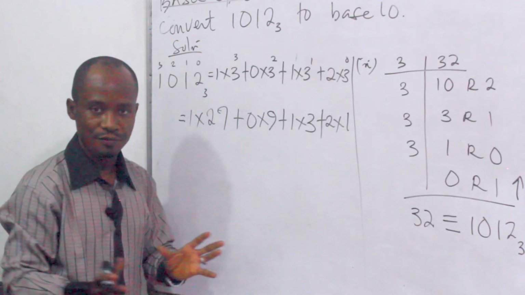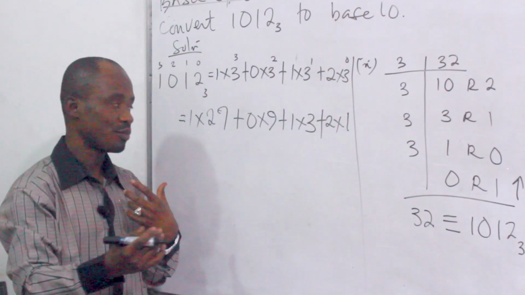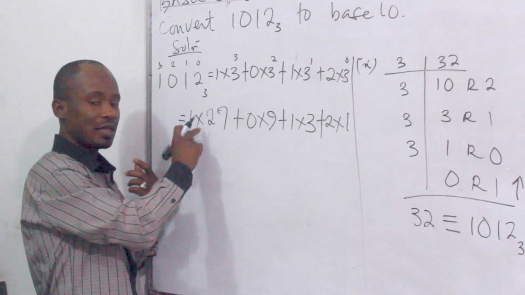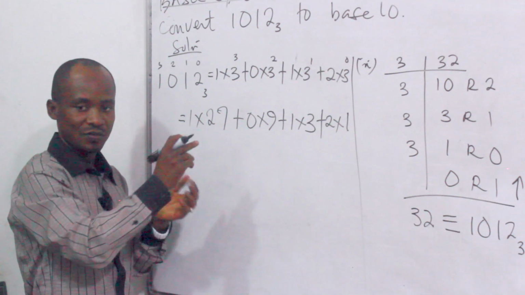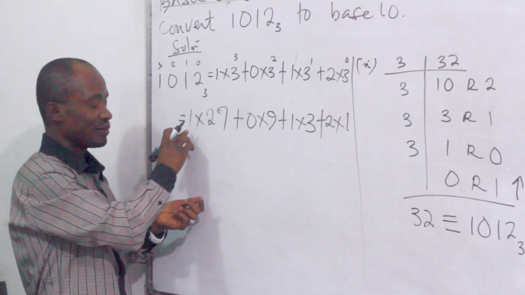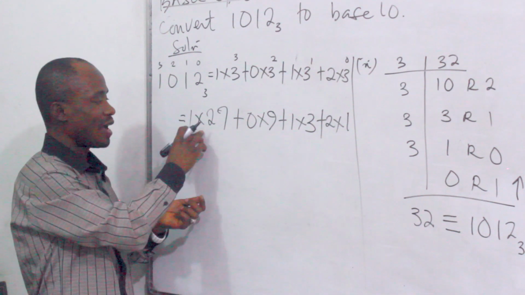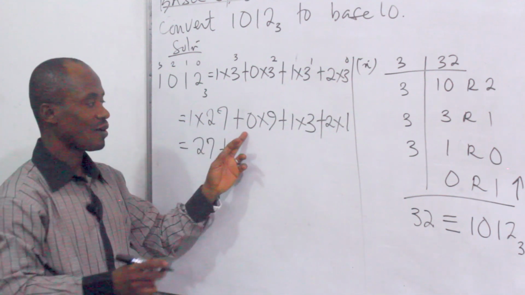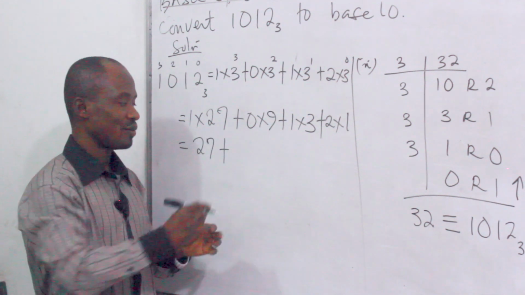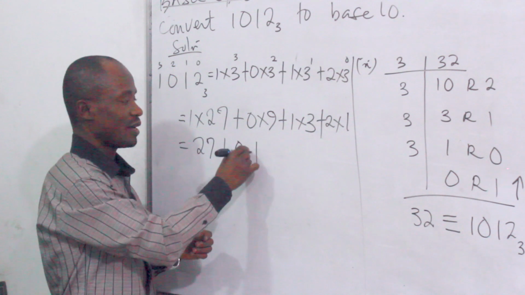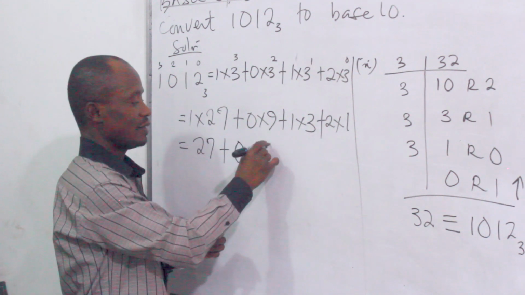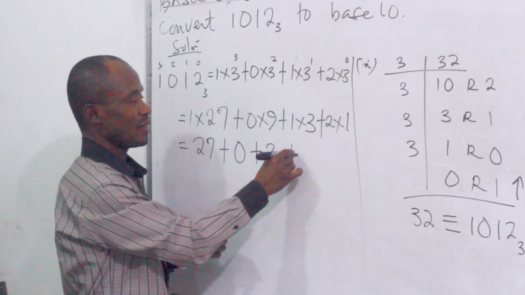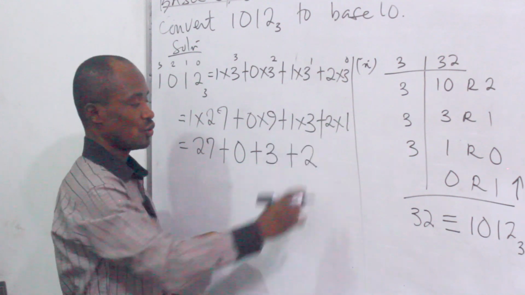So now we simplify the values. 1 times 27 is 27, plus 0 times any number is 0. Here we have 0, plus 1 times 3 is 3, plus 2 times 1 is 2.